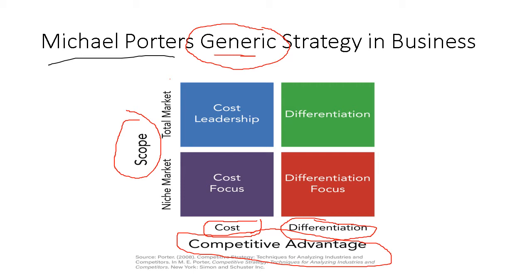While if you are using differentiation as your competitive advantage, it means your product or service is very unique and you differentiate yourself against the competition. That is the axis consisting of cost and differentiation. Now, on the other axis, there is a niche market and there is a total or broad market.